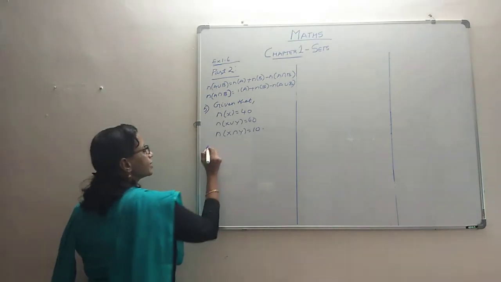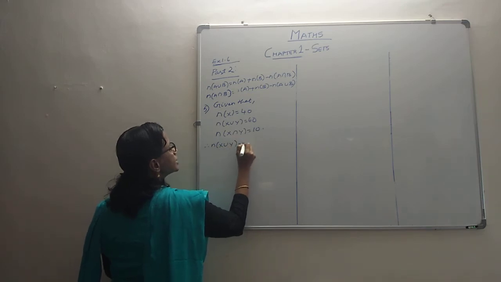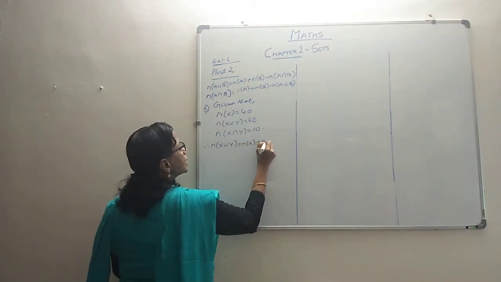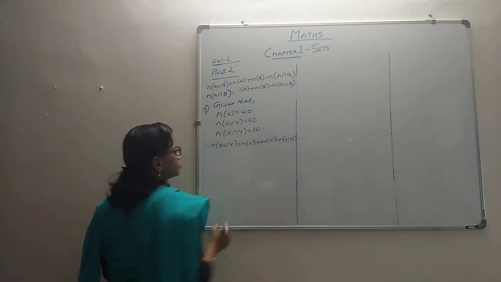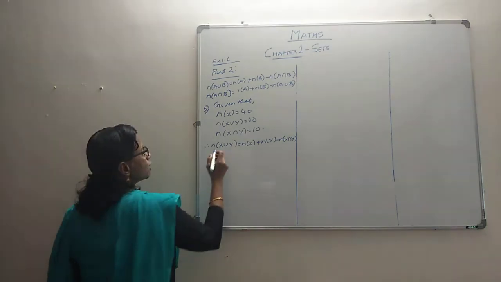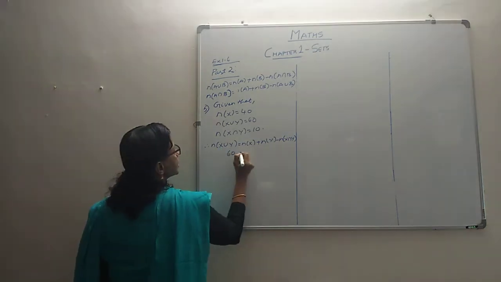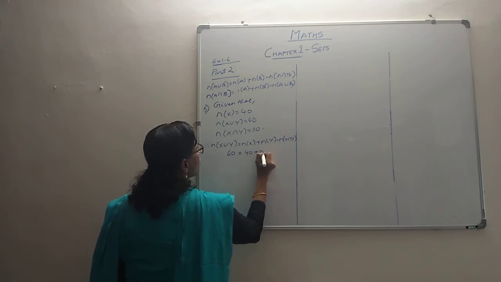Therefore, n of x union y is n of x plus n of y minus n of x intersection y. We substitute the values that we have. n of x union y is 60, n of x is 40, n of y we don't know, n of x intersection y is 10.